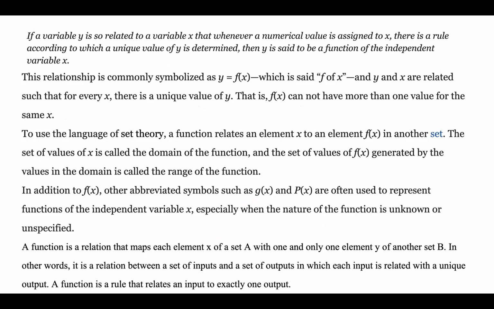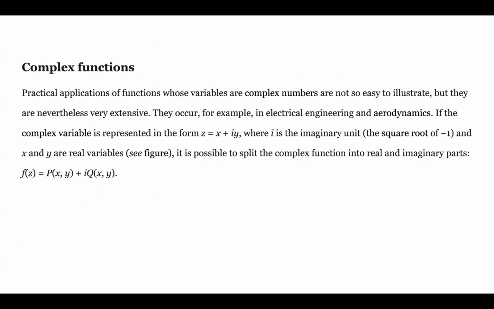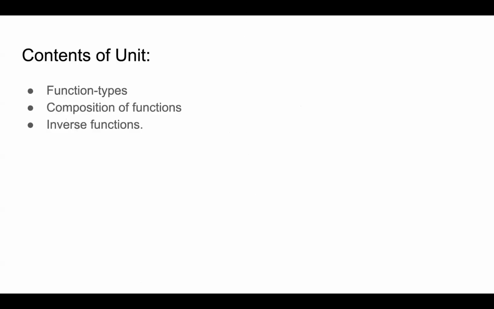It means two variables are there and the first quantity is depending on the other quantity. So functions are a centralized object of mathematics. Okay, so here we have completed this unit. All the bits which were given in the syllabus are covered here.